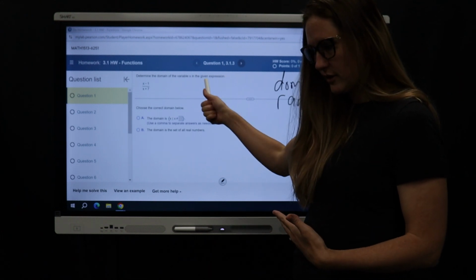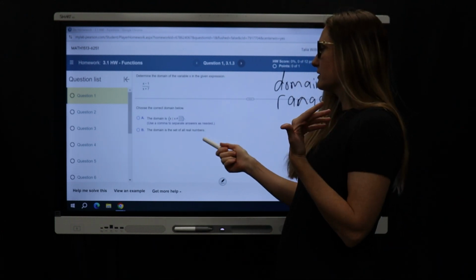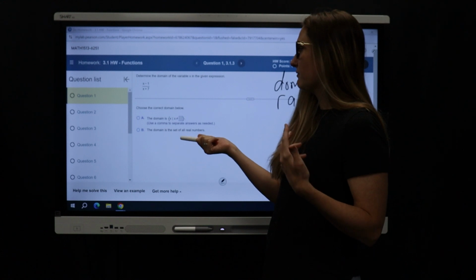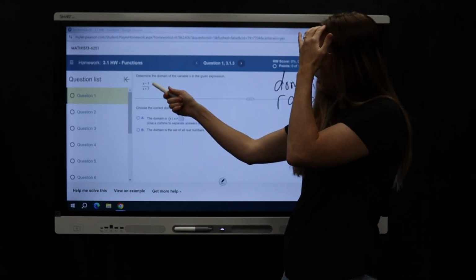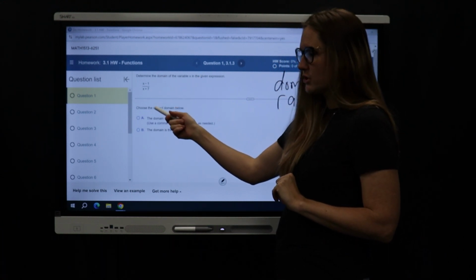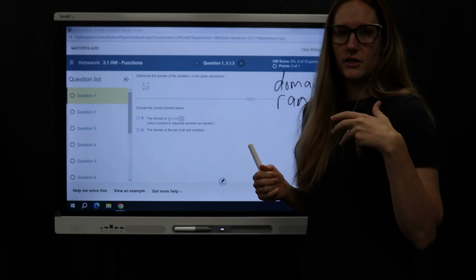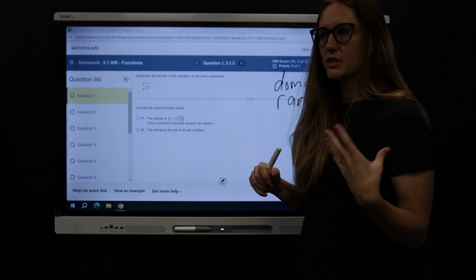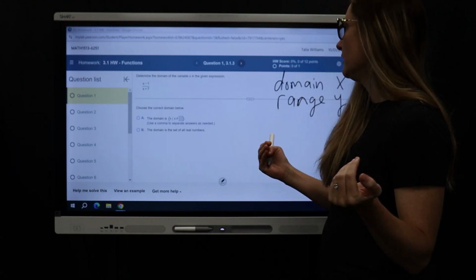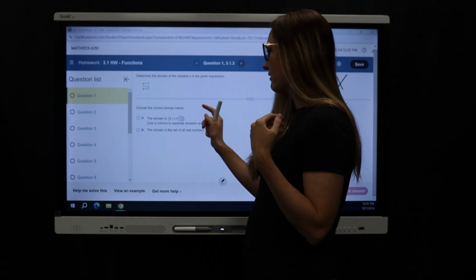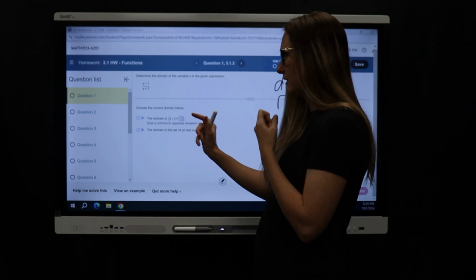And this is one of those cases where we have a number that's going to make this undefined, because we know that if we have a 0 on the bottom of a fraction, it's undefined because you cannot divide by nothing. So whenever 0 is on the bottom of a fraction, it is undefined. So that would make this graph not possible if it was undefined at that certain point.